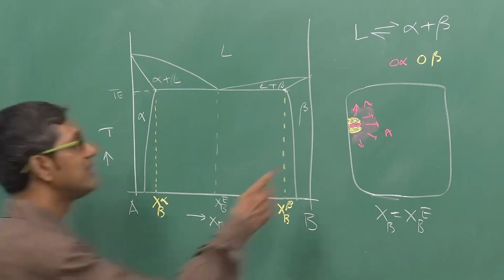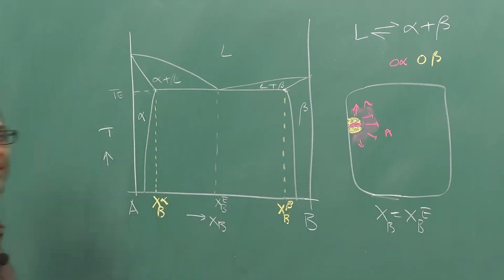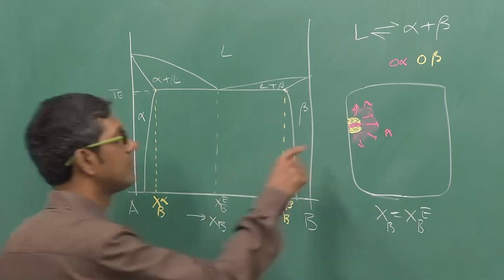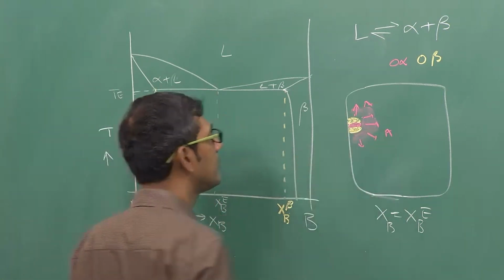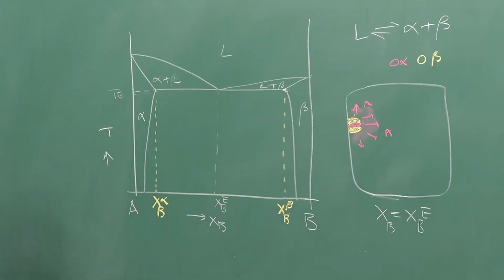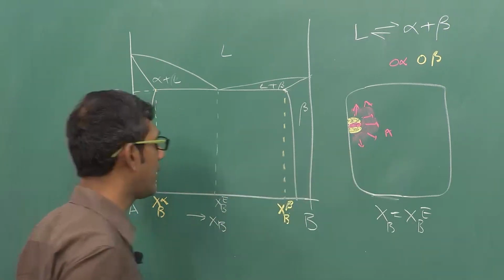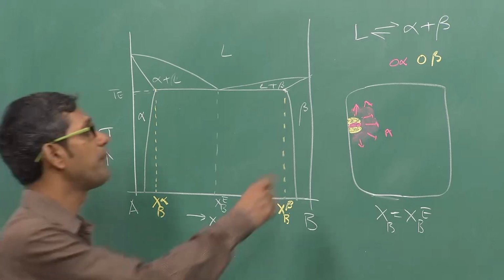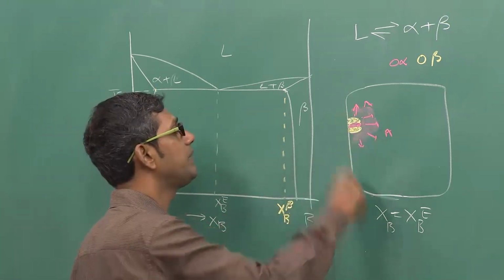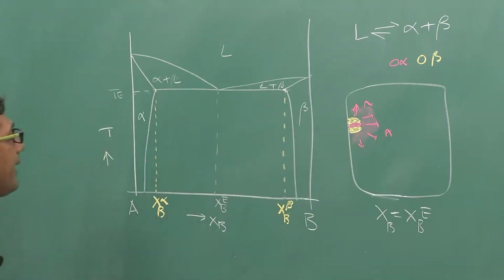Because A is rejected, again the liquid nearby beta will be rich in A, because beta requires more B, so less A. Because of that, the composition in the regions nearby beta will become very rich in A, and finally it will reach XA alpha.